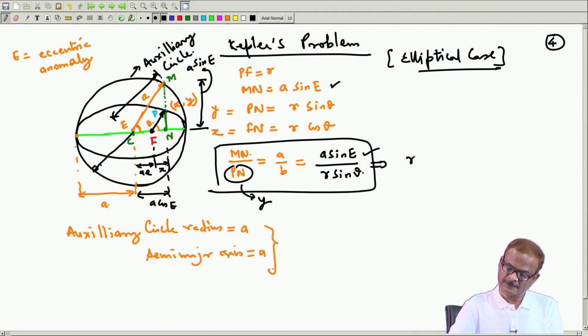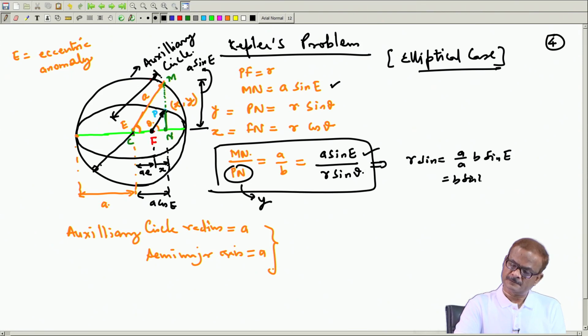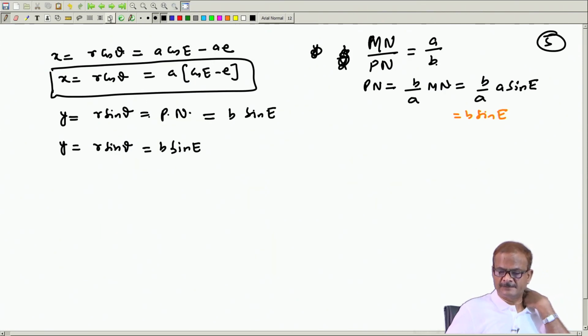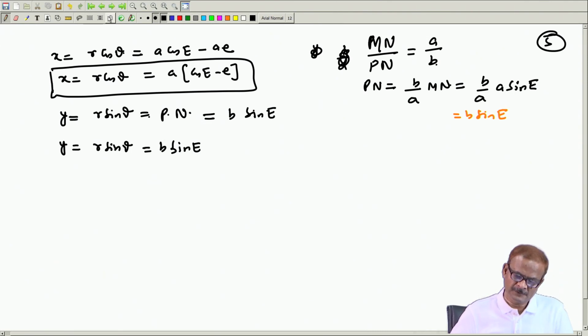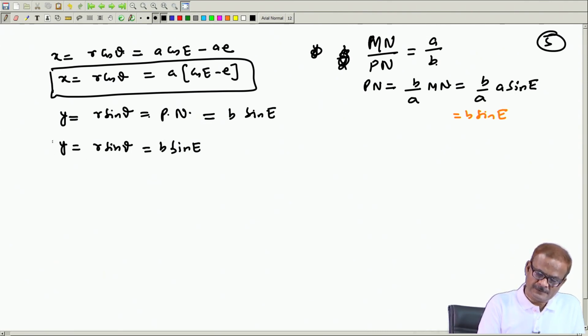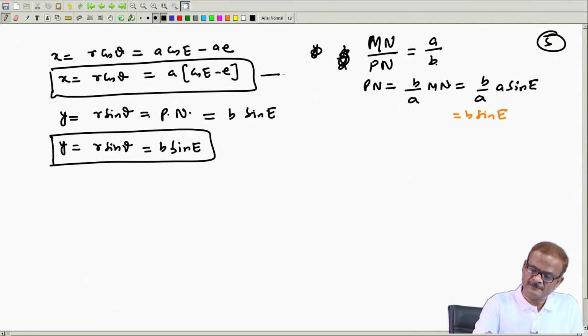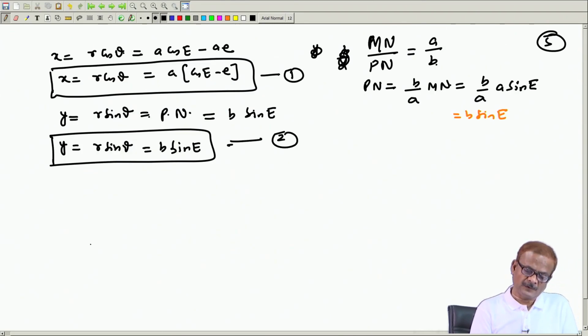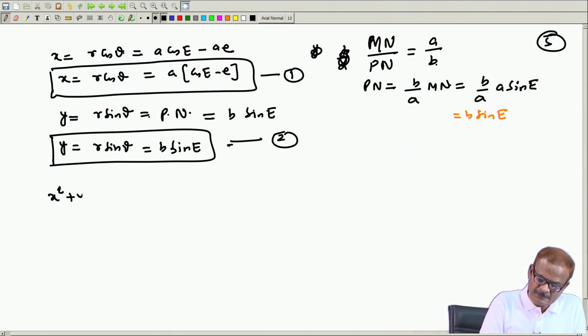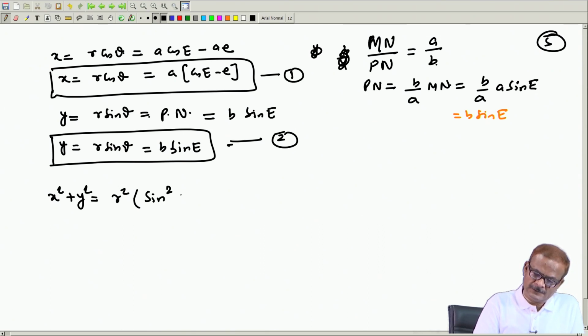From here also we could have written r sin theta equal to A by A times B sin E, that is B sin E. So, till this extent perhaps we did last time. So, now we have these two equations where x and y are given. Let us say this is equation number 1 and this is equation number 2. Therefore, if we square and add them, this gives us r square sin square theta.